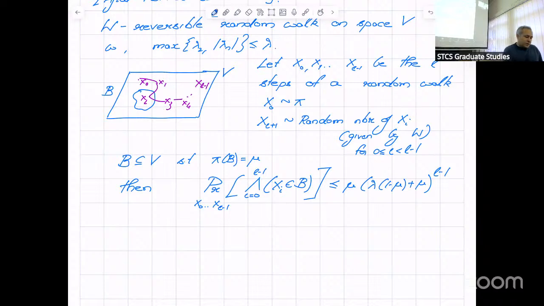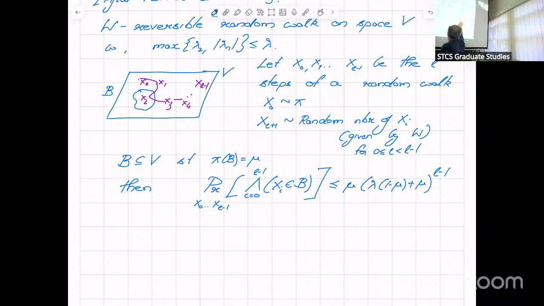So let's stare at this a little bit. Suppose we are picking them independently. That means we have the complete graph, which means lambda is 0. Then it is mu times mu to the power L minus 1, which is mu to the power L, which is exactly correct. If you pick L things independently, what's the probability that all the L will fall in the set B? Each time you have probability mu.